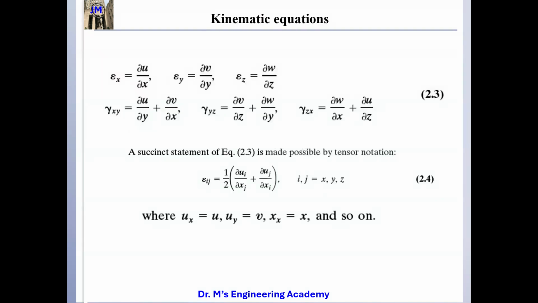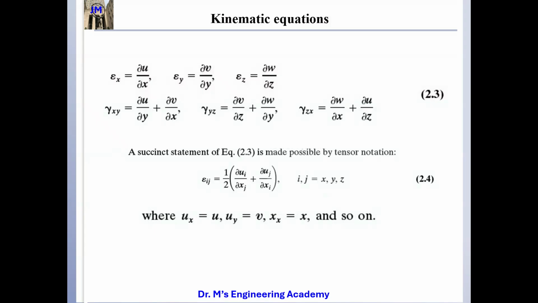The last slide showed the equilibrium equation. Now we talk about the kinematic equations, which relate the displacement to strain. U, V, W are the displacements in three directions: U in the x direction, V in the y direction, and W in the z direction.